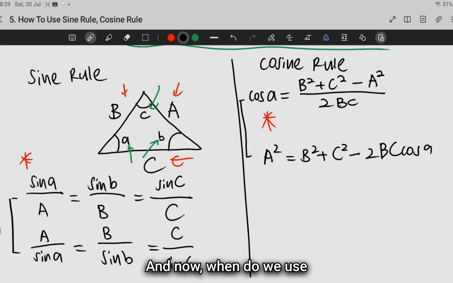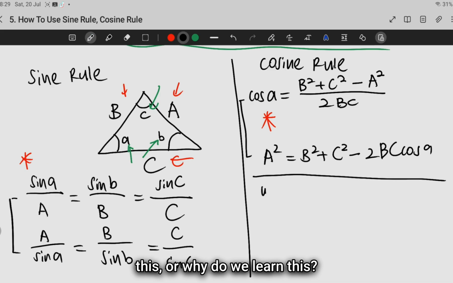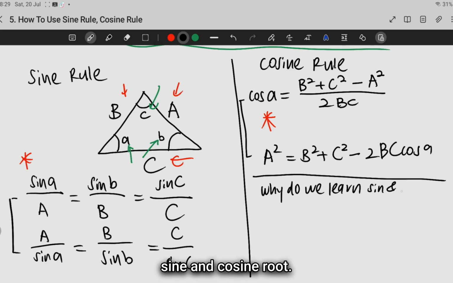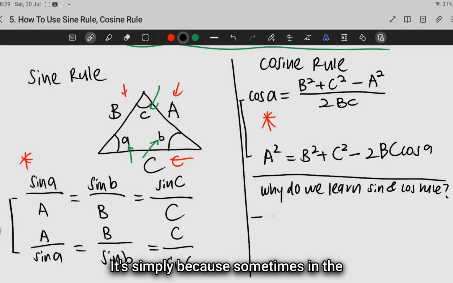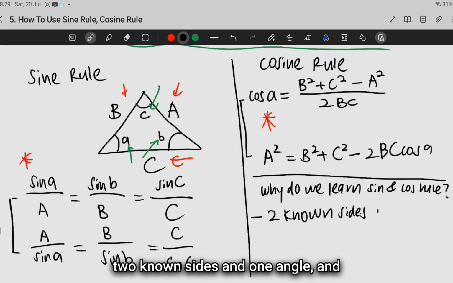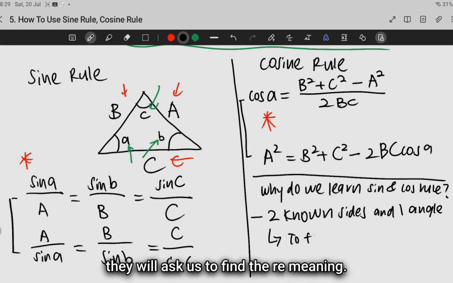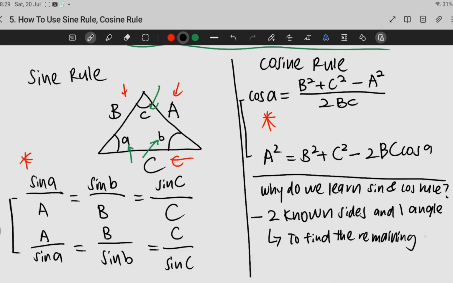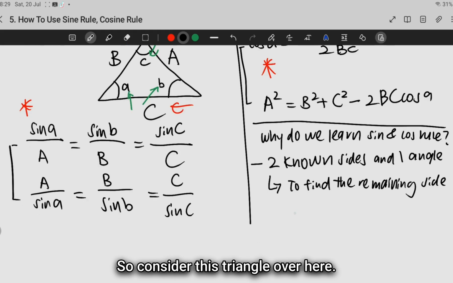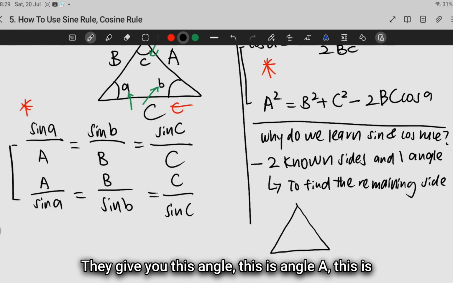And now, when do we use this, or why do we learn sine and cosine rule? That's very simple. It's simply because sometimes in the question they may give us two known sides and one angle, and they will ask us to find the remaining side. So consider this triangle over here. They give you this angle.